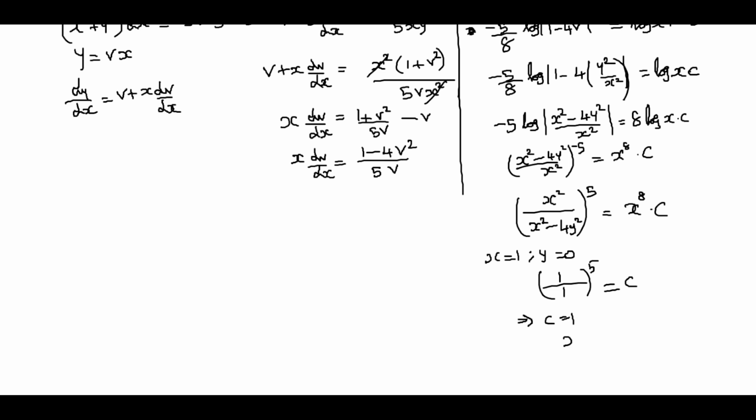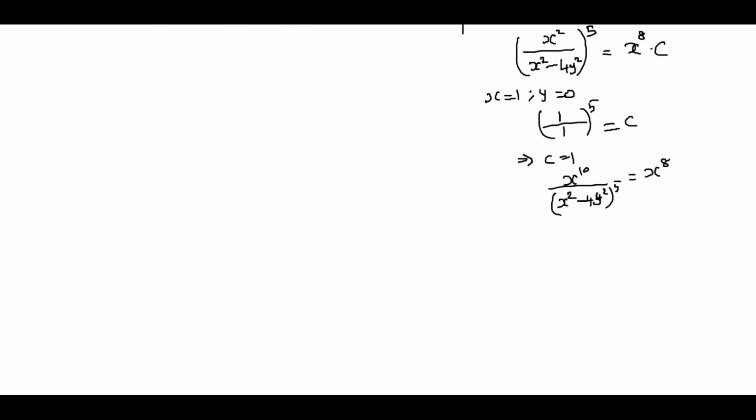So x power 10 by (x square minus 4y square) whole power 5 is equal to x power 8. Now cross multiply, just cancel x power 8 with x power 10, so (x square minus 4y square) whole power 5 is equal to x square.